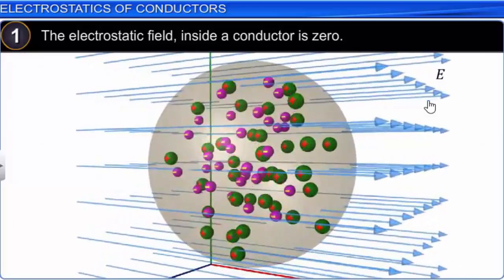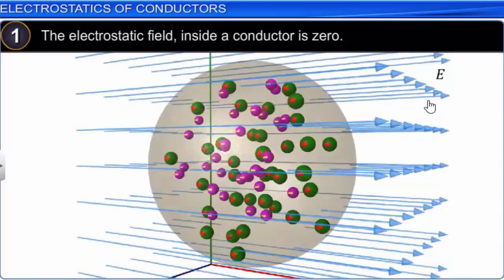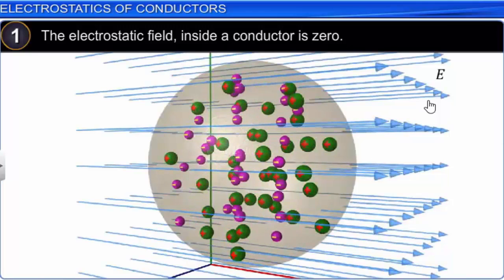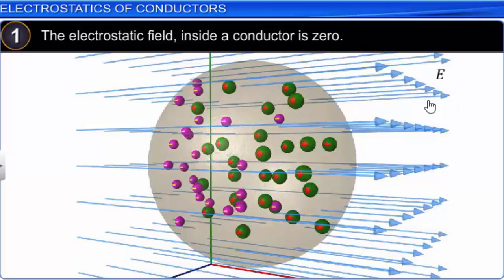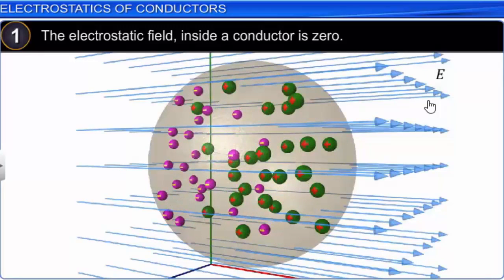When the external electric field is applied, the free electrons in the conductor accelerate towards the left. This causes a plane of negative charge to be present on the left surface. This, in turn, causes a plane of positive charge to be present on the right surface.